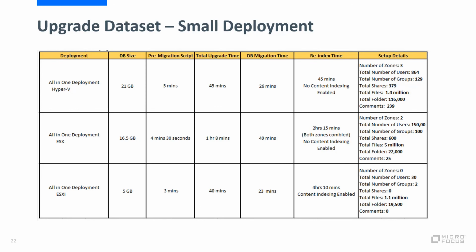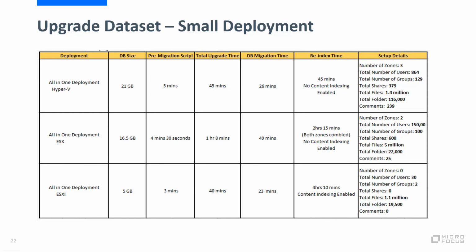If we take someone who's got about 1.5 million files, then the database migration time is about 26 minutes, and the reindex, where they haven't got full text indexing, is about 45 minutes. So you can see on a small install with about 1.5 million files, it's going to be upgraded in an hour or so.